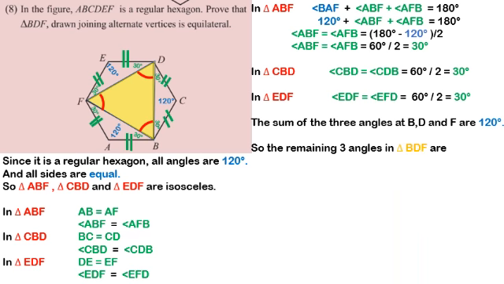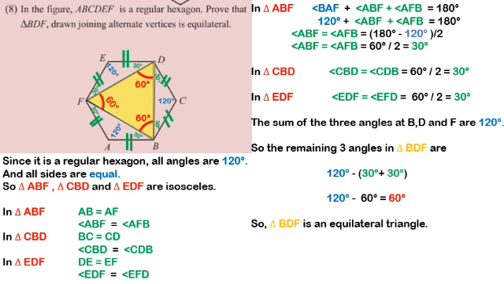So the remaining three angles in triangle BDF are 120 minus 30 plus 30, that is 120 minus 60. We get 60 degree. Now we get in triangle BDF, three angles are 60 degree. So we can say triangle BDF is an equilateral triangle.